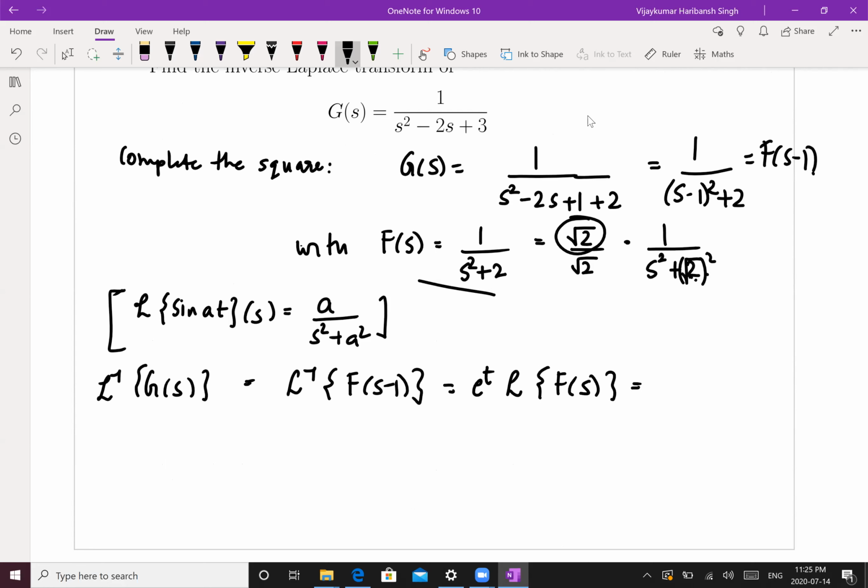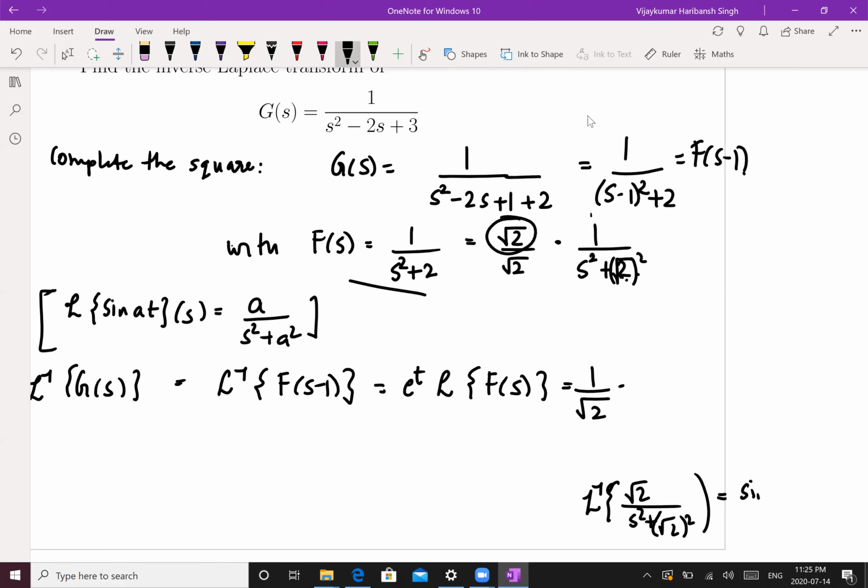Take 1 by root 2 common, because it's a constant and comes out of the Laplace transform, and the Laplace inverse of root 2 upon s squared plus (square root of 2) squared is sine of root 2 t. So this will become e to the power t, 1 by root 2 comes out, sine of root 2 t.